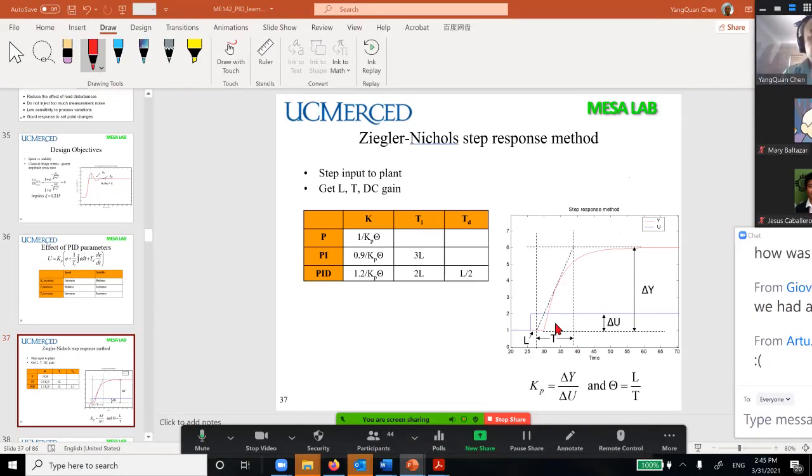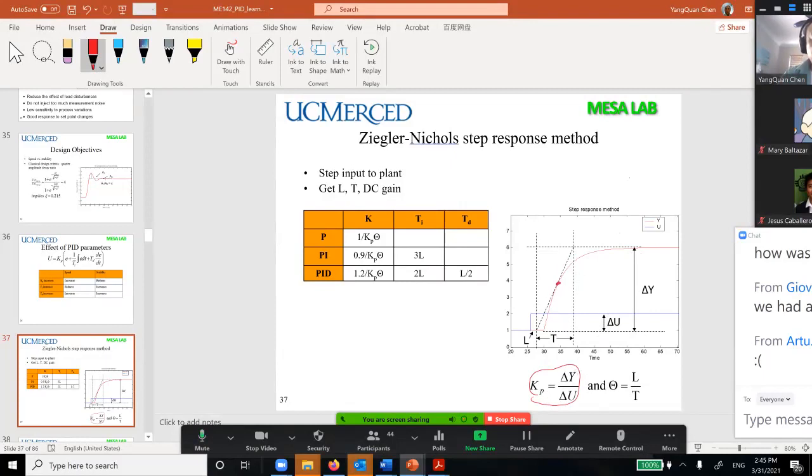You should keep asking what kind of information Ziegler-Nichols tuning uses. They need to use K, okay? K is like the static output divided by the input delta, okay? You also have L divided by T.